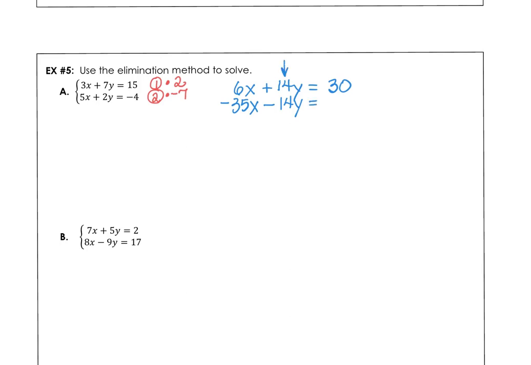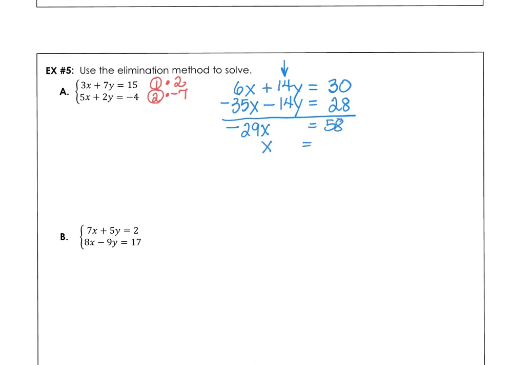And negative 4 times negative 7 is positive 28. So we want to eliminate the y's, and we've done that with negative 29x equals 58.